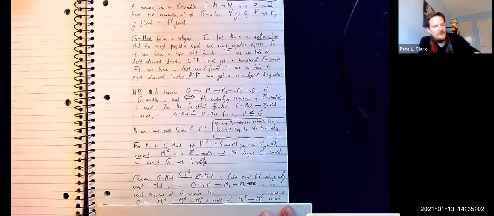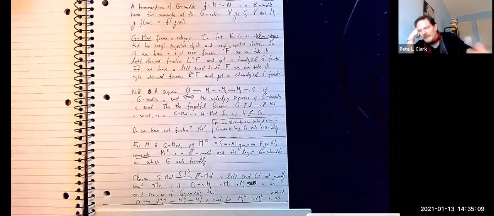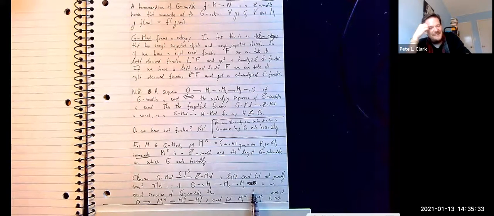Okay, and so the claim is that this is left exact, but generally not exact. So first of all, now I'll tell you what this means. Left exact means if you have this much of an exact sequence, 0 to M1 to M2 to M3, note I do not need to assume that the last map is an epimorphism, or surjective in our concrete context.